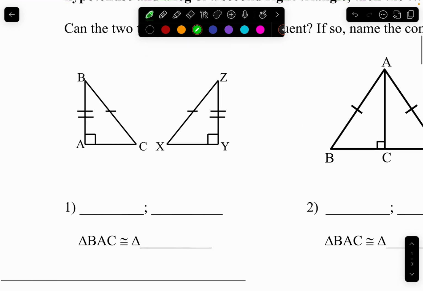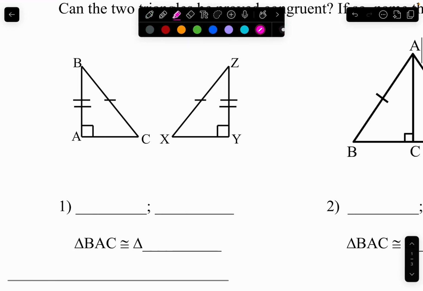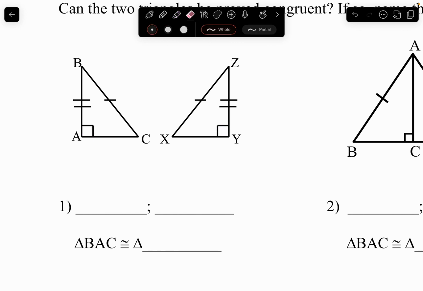Okay, so when we look at number 1, we should notice that we have a right angle. You can still have all of the other ways to prove congruency when you have a right triangle, but now because we have a right triangle, we can add on that hypotenuse leg. So when I look at this, I clearly have a right triangle. If you look at the triangle itself, the hypotenuse is marked congruent and one of the other legs is marked congruent.